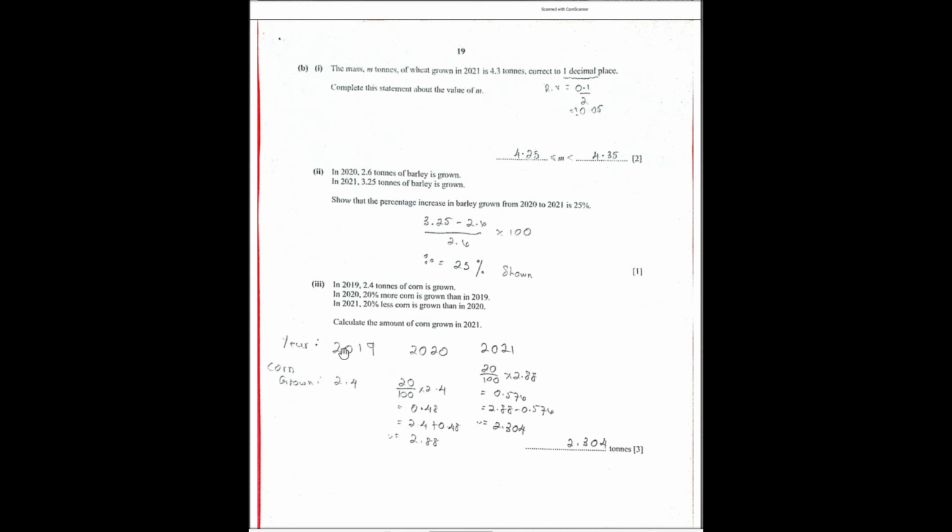In 2019, it was 2.4 tons of corn grown, and in 2020, it is increased by 20% of 2019's value. So 20% of 2.4 is actually 0.48. Since it is increased, we add that to the original value, 2.4 plus 0.48, and we get 2.88 tons grown in 2020.